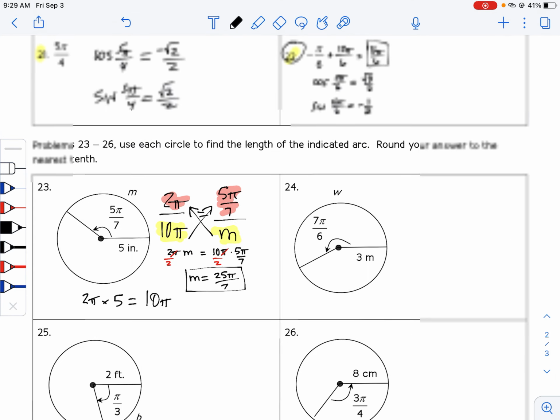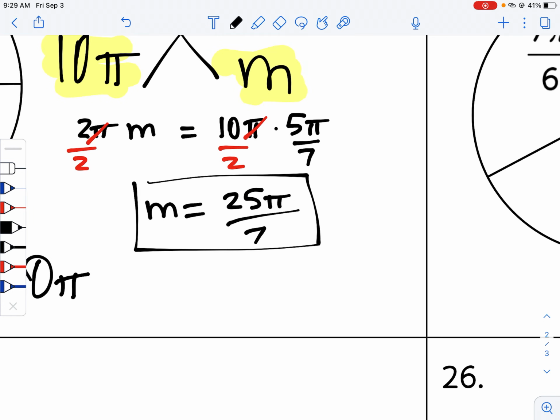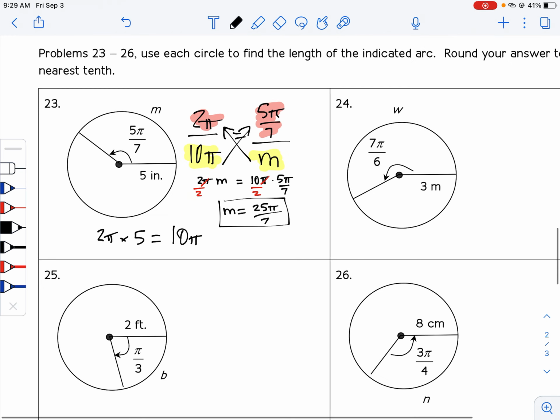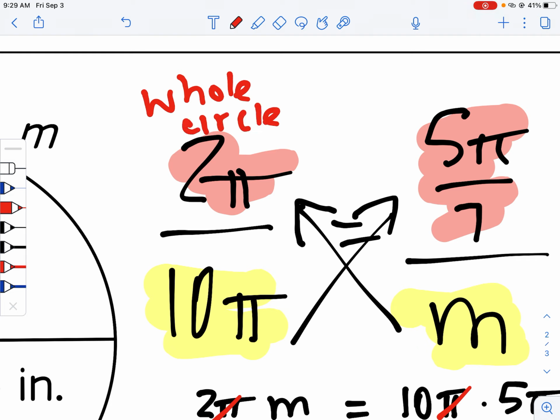I'm not sure if we need to round our answer to the nearest tenth. So yeah, you'll want to type that in your calculator and get an answer to the nearest tenth. Okay. So each of these sort of plays out in a similar fashion. You're just setting up that proportion. Again, the whole circle. So let me just go through that one last time. This number up here represents the whole circle, in radians.